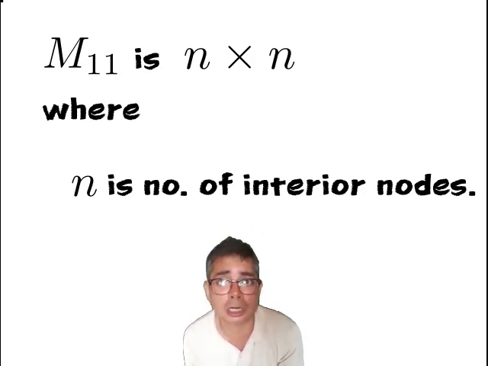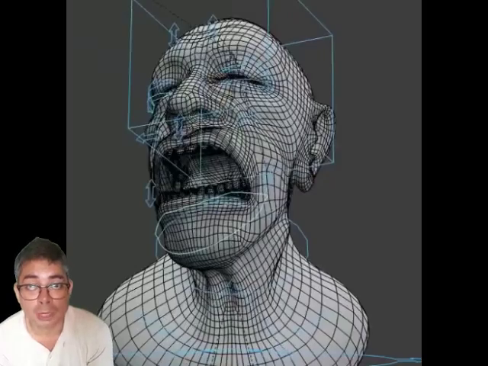That is, our triangulation should be very, very fine, like in this example. So when you use a mesh which is pretty high resolution, then the number of interior nodes goes up. As a result, this matrix M11 will be huge.